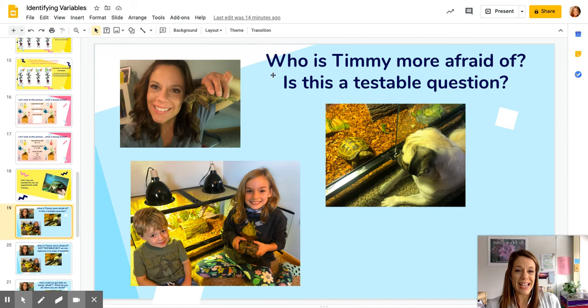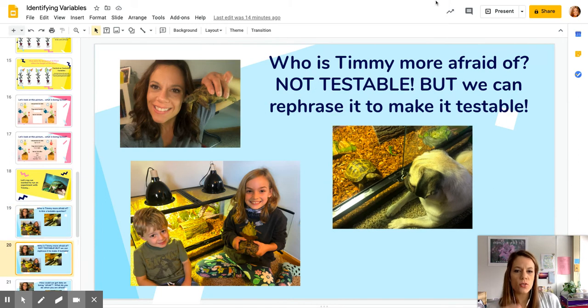So just as this question is stated here, who is Timmy more afraid of? Is that a testable question, the way it's phrased? Think about it. It's not. The way that this is phrased, who is Timmy more afraid of, is not testable.